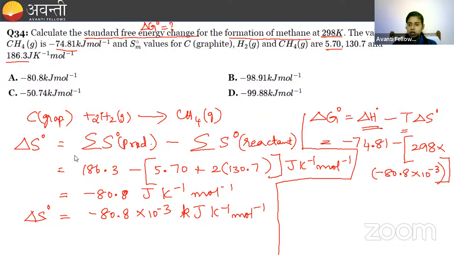Now if we solve this, it will be minus 74.81, and if we multiply this, we will get 24.07 kilojoule per mole.